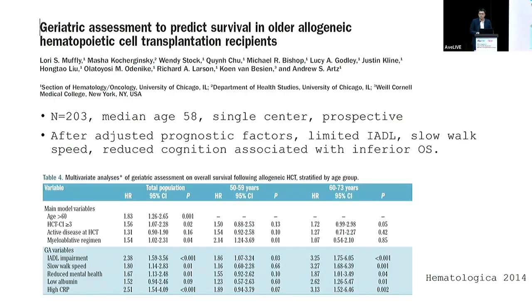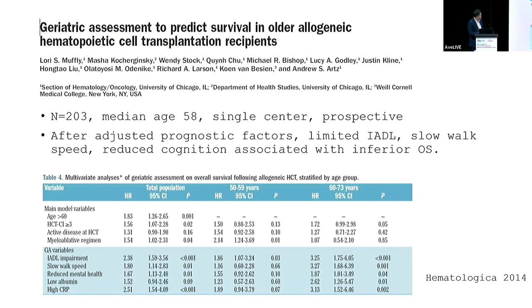Now look at the prospective study. This is from the University of Chicago, a single center prospective study. After adjusting for all the prognostic factors, they identified that limitation in instrumental ADL, slow walk speed, as well as reduced cognition are associated with inferior overall survival.